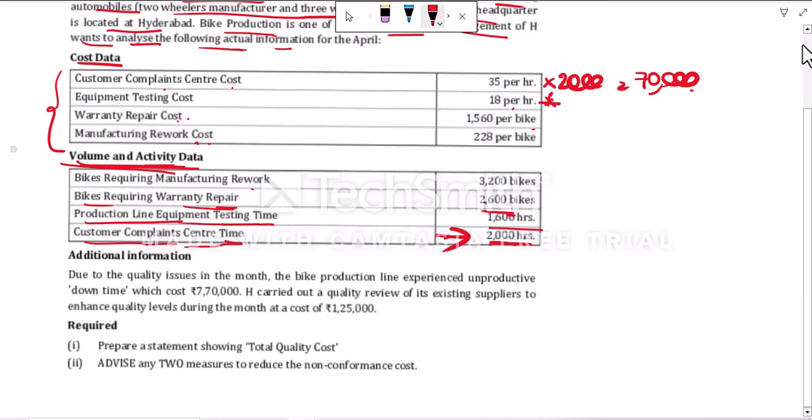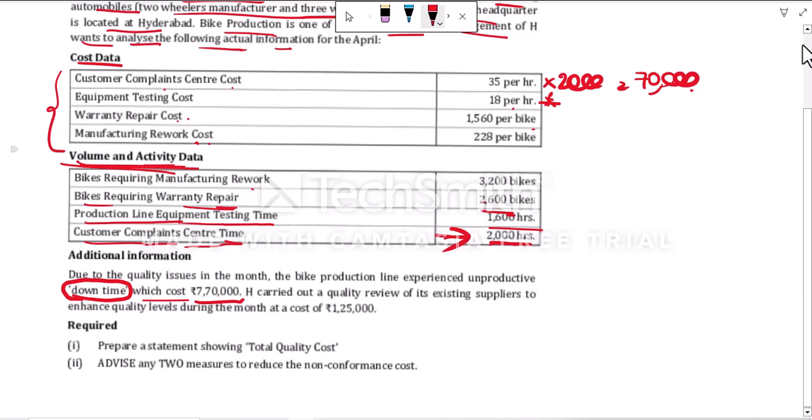Due to the quality issues in the month, the bike production line experienced unproductive downtime, which cost 7,70,000. Okay, unproductive downtime. What is the downtime? Internal failure cost. All the scrap, downtime and reworks are internal failure cost.